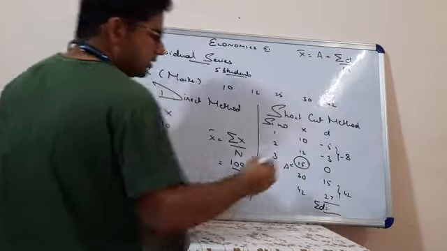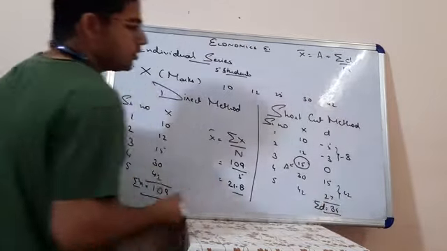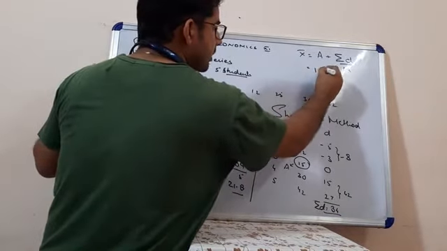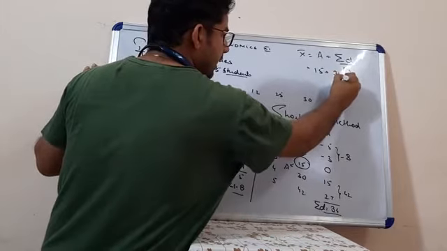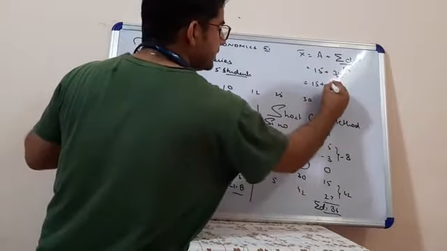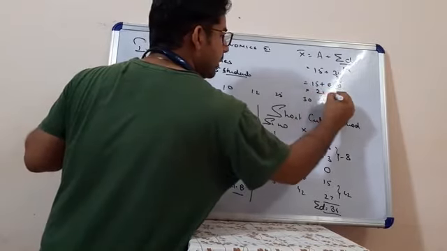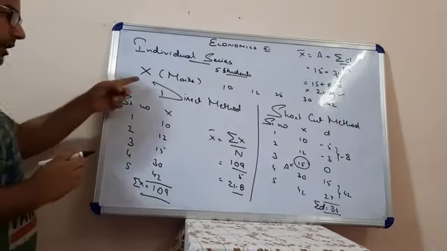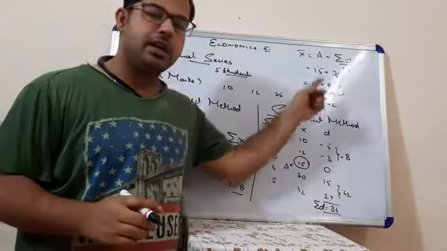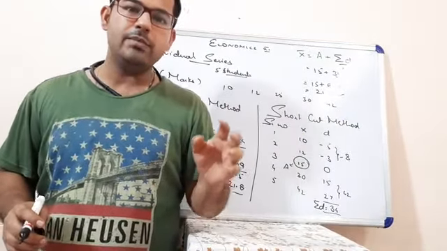So 42 minus 8 will become 34. So we got 34 as the sum of the deviation; the assumed mean was how much? 15. Summation of deviation was 34, and n we have as 5. So 15 plus 6.8, when we add this, we get 21.8. You can see that by the direct method we got the mean as 21.8, and by the shortcut method also we got the mean as 21.8. So this is the best way to check your answer, if you do it both ways.